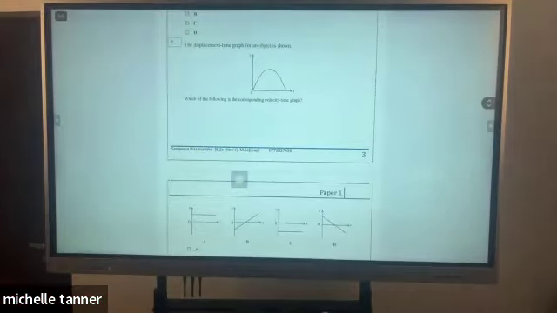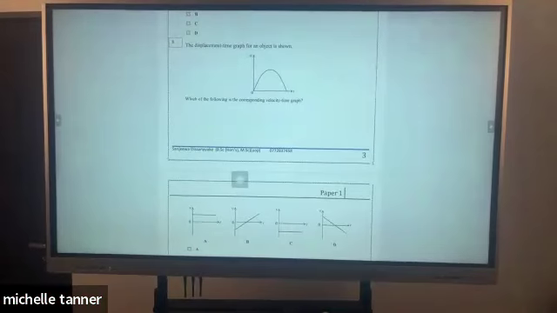Now think, you have to convert the displacement time graph into a velocity time graph. Using the displacement time graph, we have done last day. Does the object start at rest, or is there any velocity at the beginning?